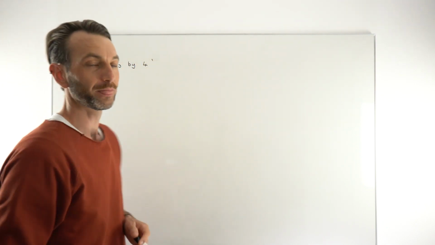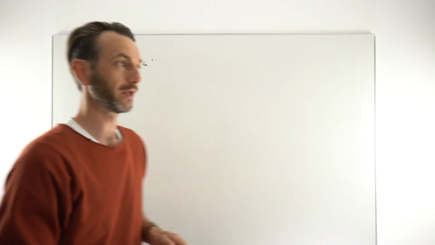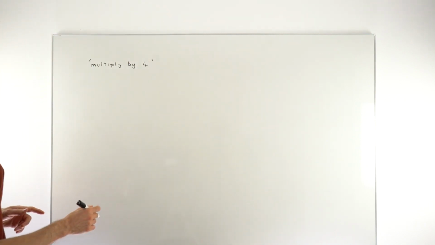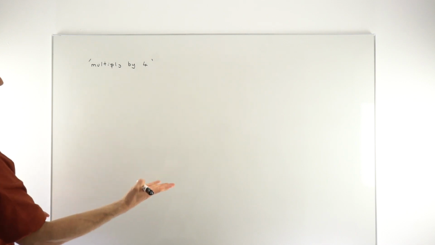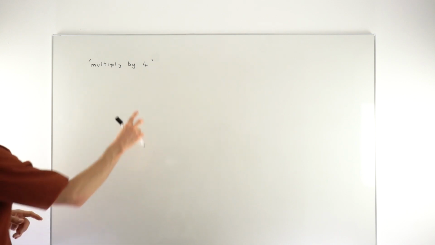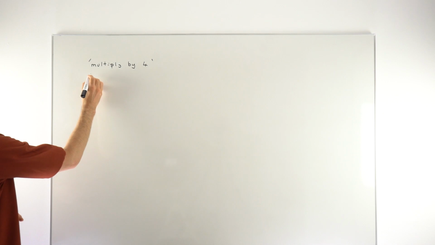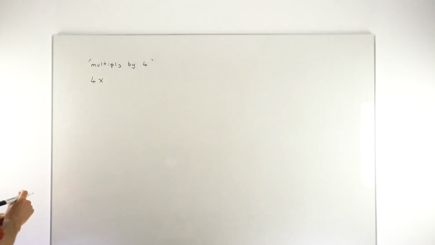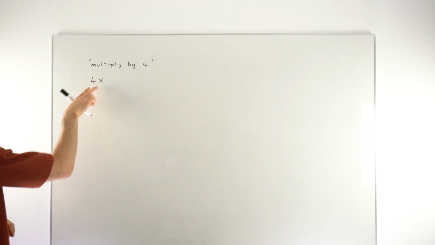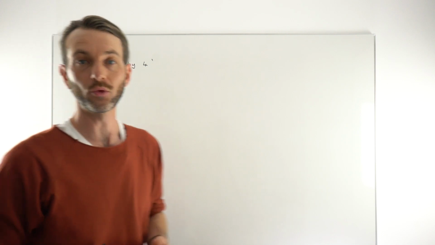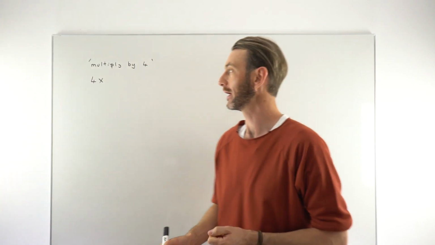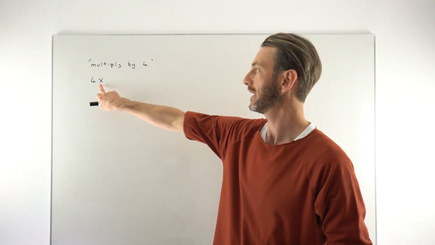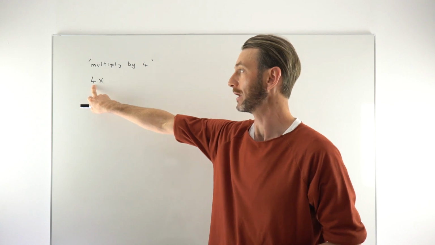But then we developed symbolic algebra and we realized, hey, we could say, let's represent any number by the variable x, and if you want to multiply that x by 4, then that can just be captured in the algebraic formula for x, like this. So that would be a very basic example of a formula. That algebraic formula expresses the idea of taking some variable and multiplying it by 4.